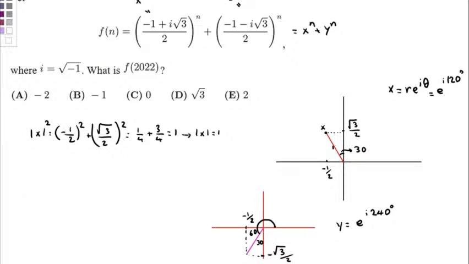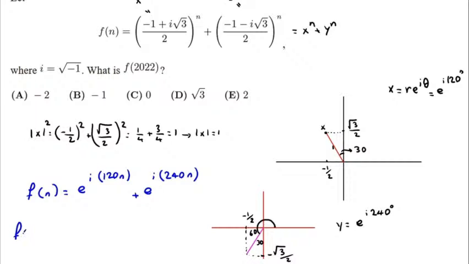f of n equals x to the n plus y to the n, which is e to the i 120 degrees times n plus e to the i 240 n. Now, we want to find f of 2022. It will be e to the i 120 times 2022 plus e to the i 240 times 2022.